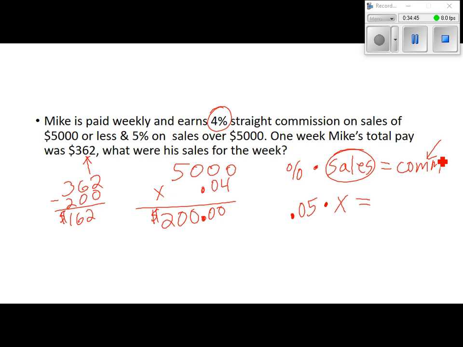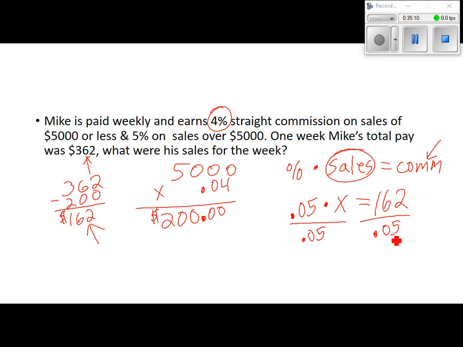How much was left? The 162, right? So you divide both sides, doing the algebra here, you divide both sides by 0.05. Whenever you're dividing something by a decimal like 0.05, what happens to the number?